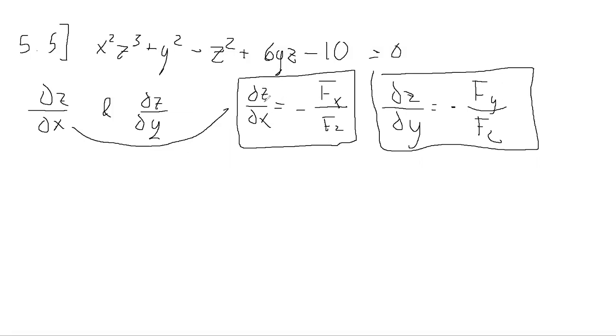Remember that your partial derivative of z with respect to x is equivalent to this, and with respect to y is equivalent to this as well. That's a z right there, and that's also a z right there. So all we're doing right now is finding your f of x, your f of y, and then your f of z, and then it's easy plug and play.